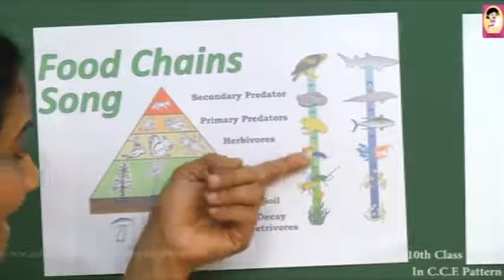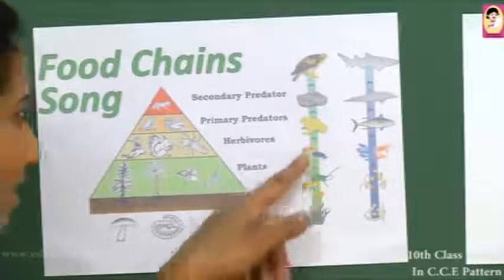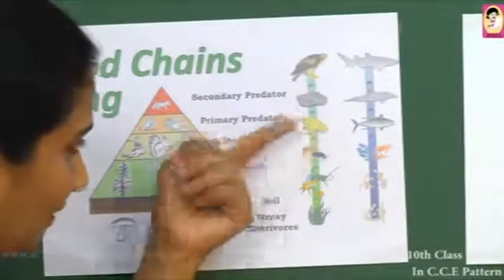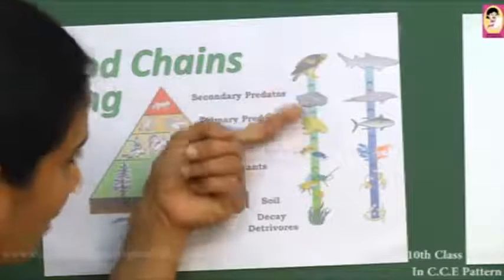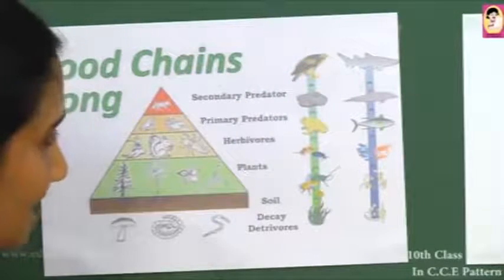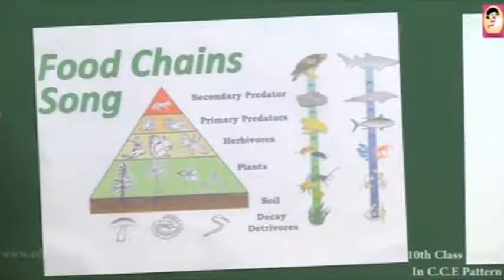Then beetles and ants, which come under the secondary consumers, eat these. Then in the next chain, frogs feed on all these insects. Then snakes feed on frogs, and again an eagle or hawk will feed on the snake. So this is one food chain, a terrestrial one.